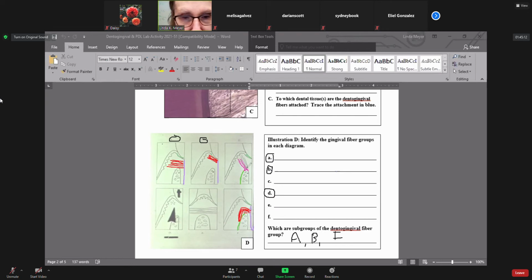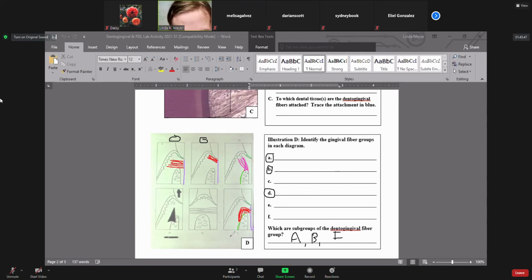So from the crest out into the lamina propria of the gingiva are the alveolo-gingival fibers. So between these red dentogingival fibers and pink alveolo-gingival fibers, I have immovable, stable, attached gingiva. It doesn't budge because I have attachment of the dentogingival fibers and I have attachment of the alveolo-gingival fibers.